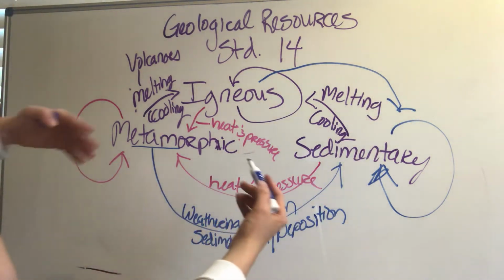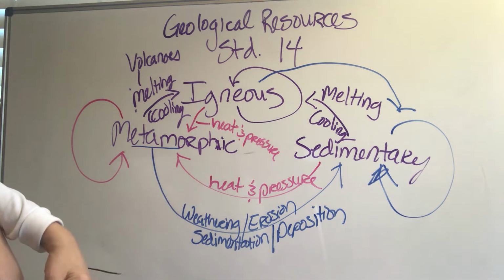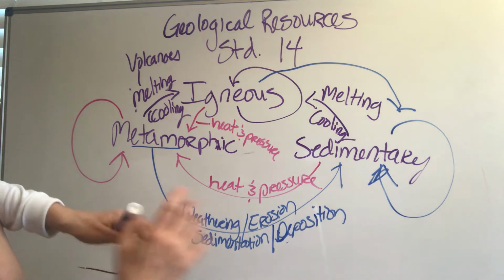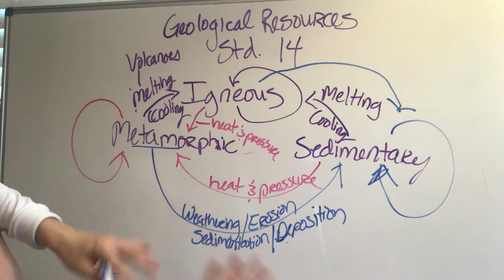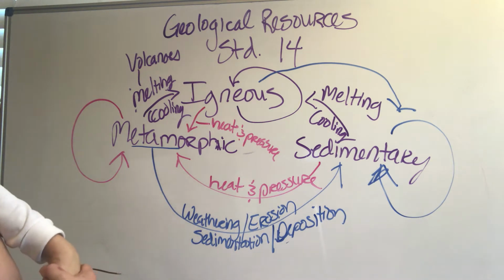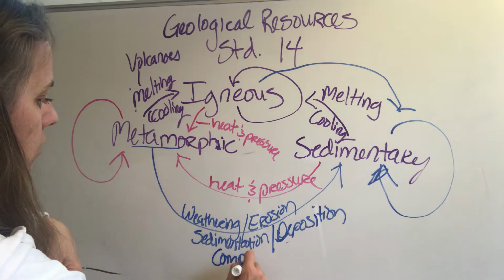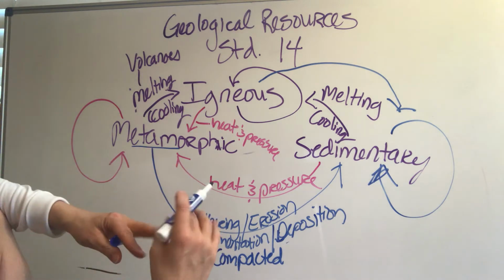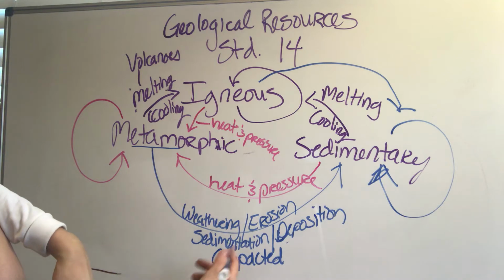Over time, they're weathered and eroded, and then they are deposited into the earth or at a low sea level point, like at the bottom of an ocean, or just at a low level. And then they're compacted, and I can't remember the word for this, but it's basically compacted or compressed, and over time becomes a hard, solid rock. So that's the sedimentation process.